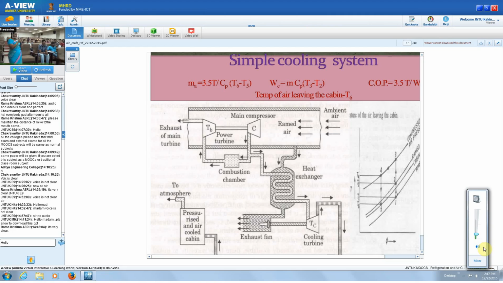Then the exit from the cabin will be at point 6. That is not shown in the figure, but 6 will always be on the same pressure line.